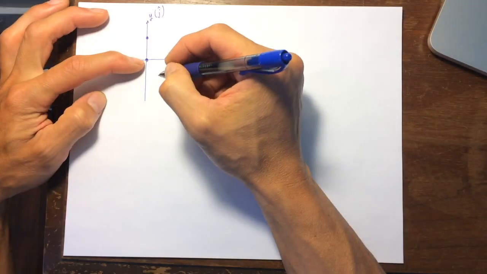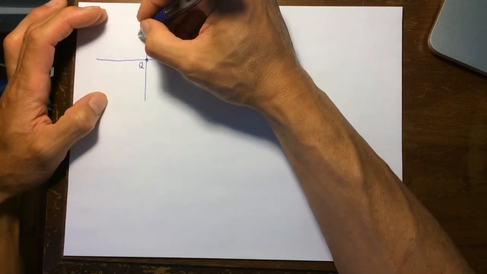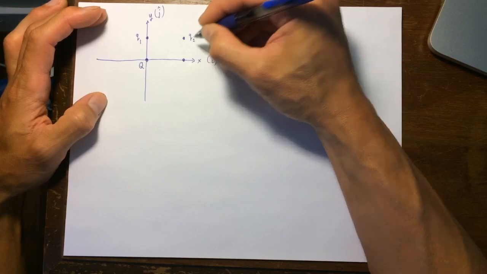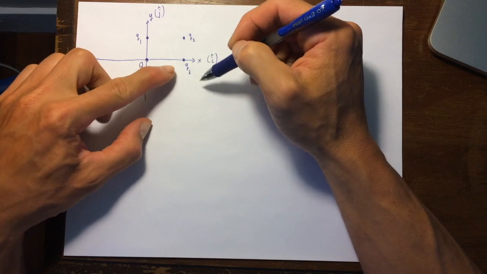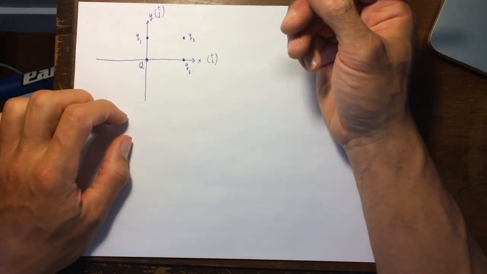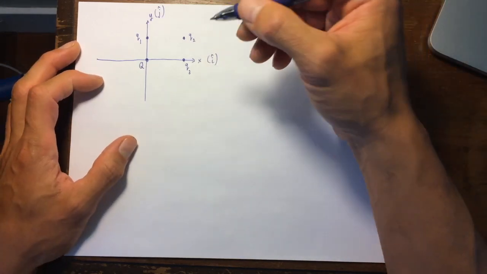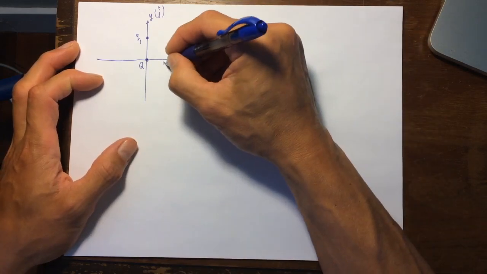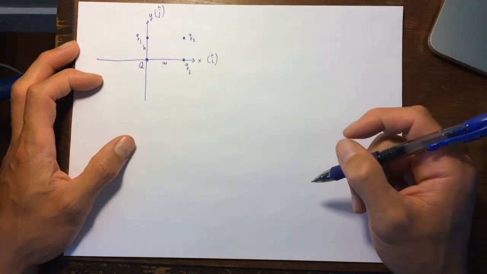Let's call this charge capital Q, and this charge Q1, Q2, and Q3. So Q1, Q2, and Q3 could be positive or negative charges. Yeah, it depends on what your homework problem might look like. Let's say that this distance right here is called W for width, and this distance is called H.